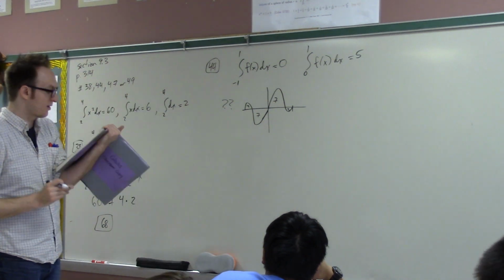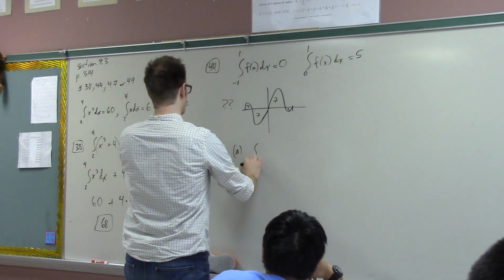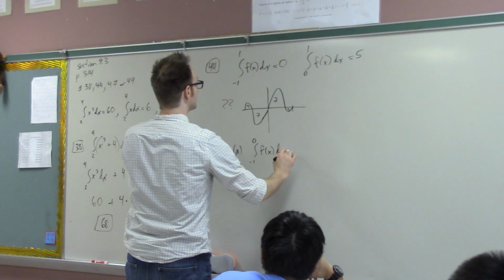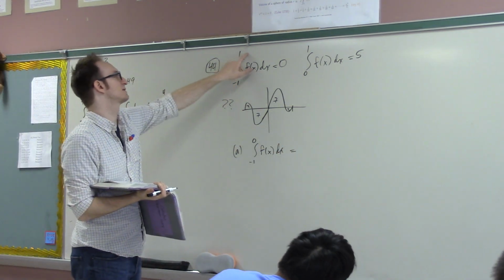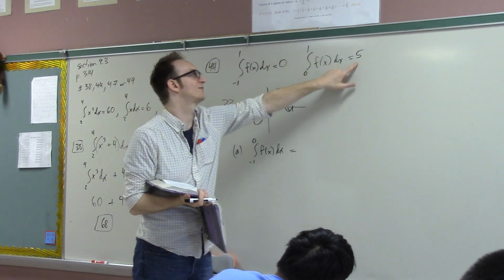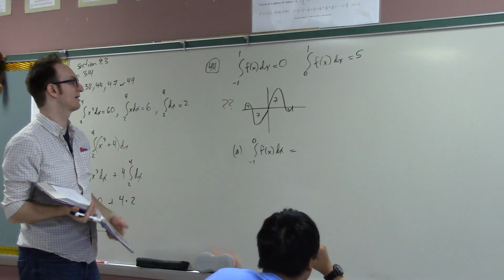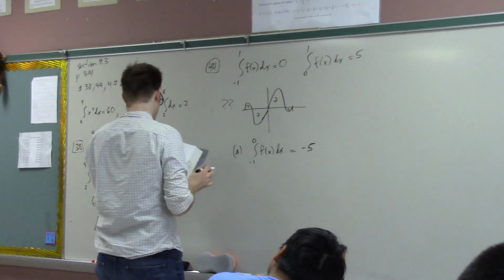Alright, then it asks you a whole bunch of questions, like, what is the integral from -1 to 0 of this function? Well, if the integral from -1 to 1 is 0 and the integral from 0 to 1 is 5, then the integral from -1 to 0 must be -5, right? Comments? Thoughts?